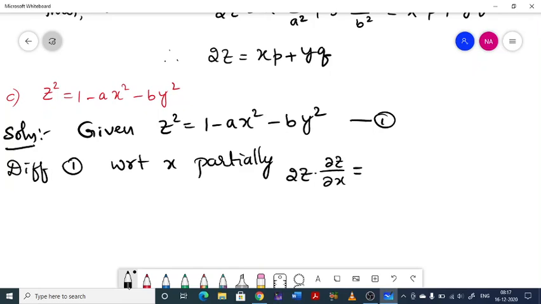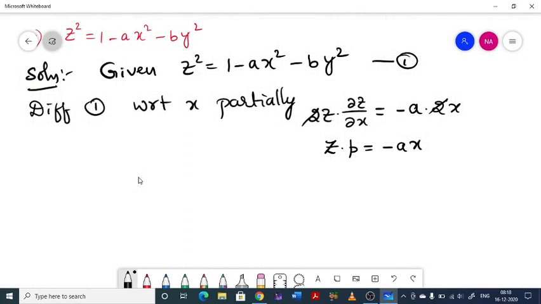1, I'll get 0 after differentiation. This will give minus a into 2x, and this term will be 0. Minus by square on differentiation will be 0. So 2 gets cancelled. Z into p equal to minus ax. Z into p equal to minus ax. Okay.